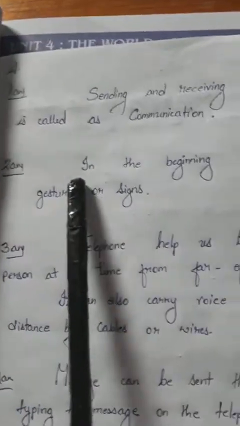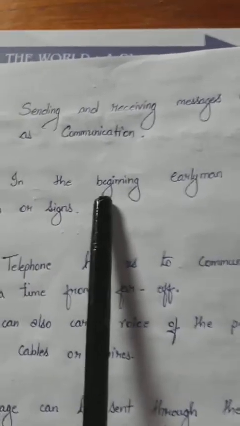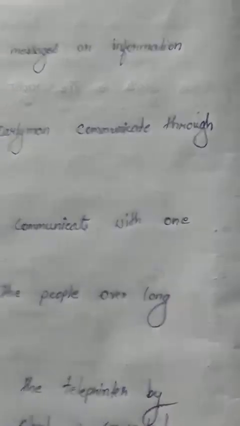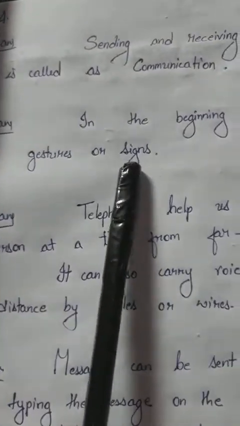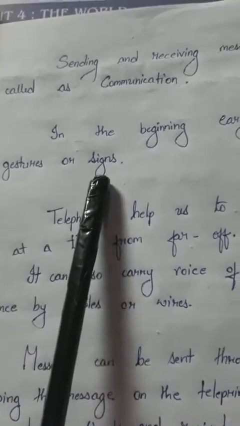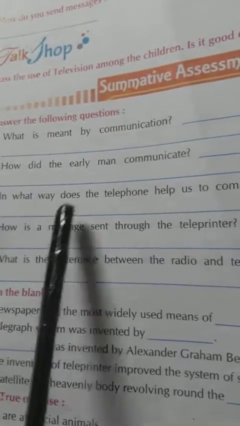The answer: in the beginning, early man communicated through gestures or signs. Number 3, in what way does the telephone help us to communicate?